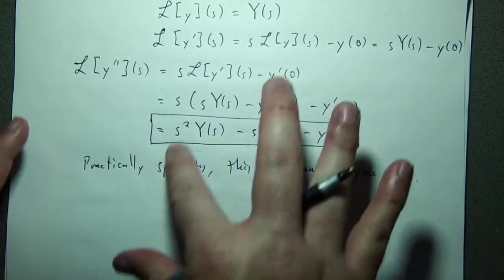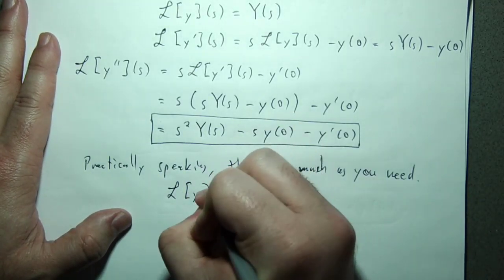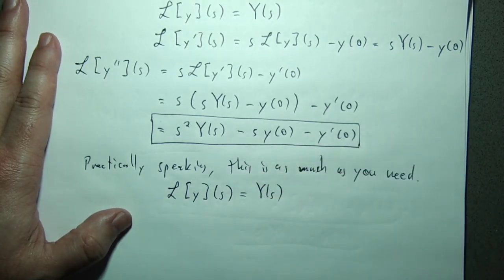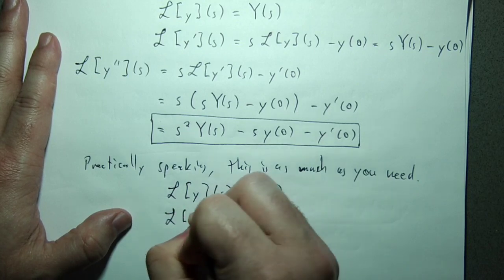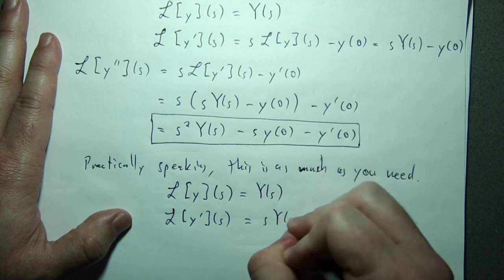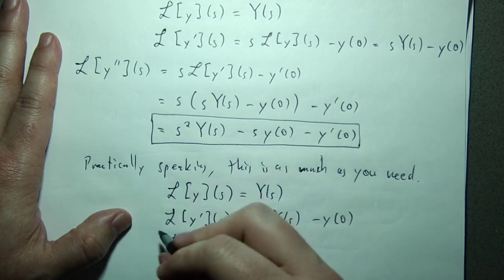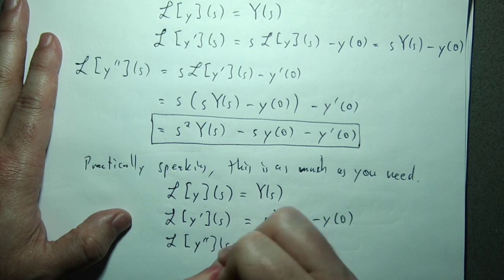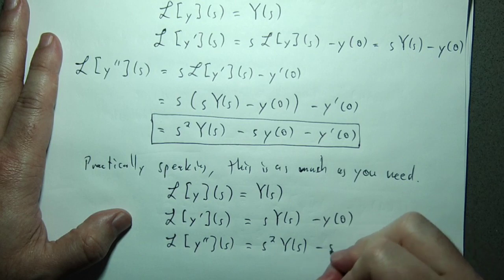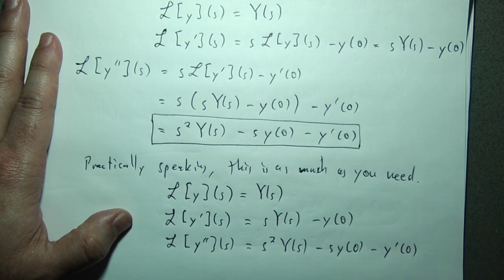And so, summarizing all of this, if we say that L of little y is big Y of S, that's our definition, then L of little y prime of S is S big Y of S minus little y of 0, and the Laplace transform of little y double prime of S is S squared big Y of S minus S little y of 0 minus little y prime of 0.